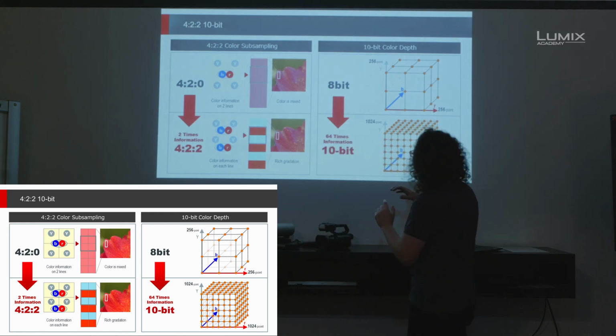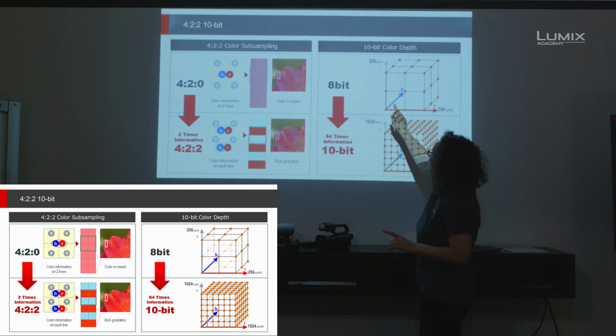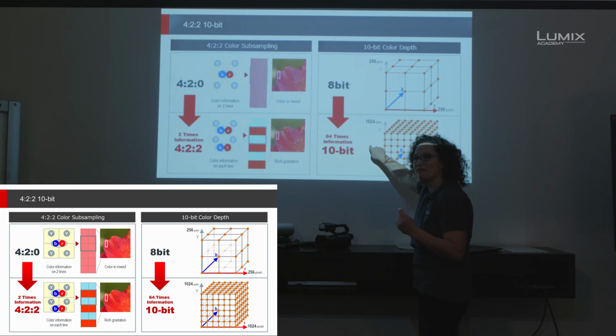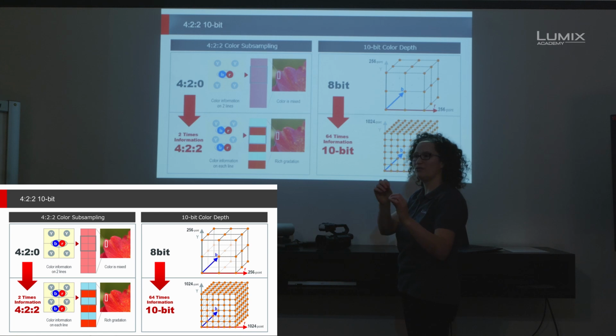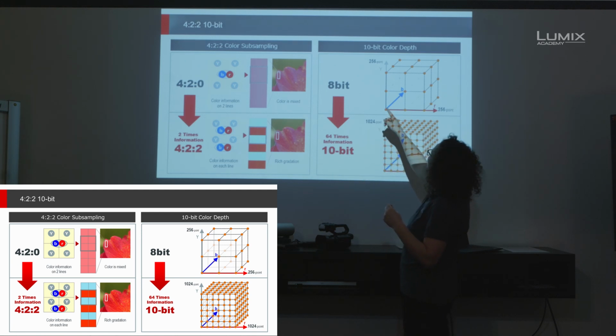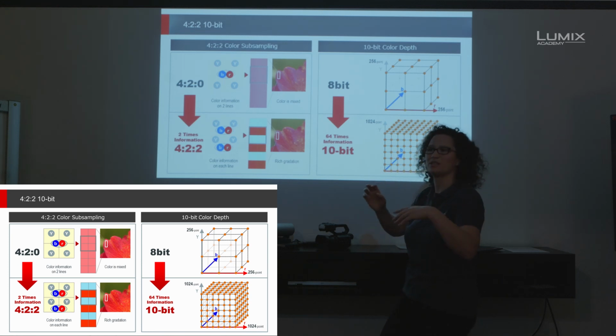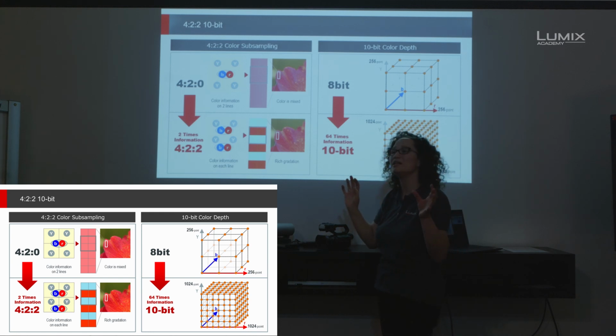Opposite of this, very important, is the differentiation between 8-bit and 10-bit. Why is that? 8-bit means 256 values. So on all color axes, we have 3 color axes, RGB, you get 256 values. So 256 times 256 times 256 gives us something like 16 point something million colors.